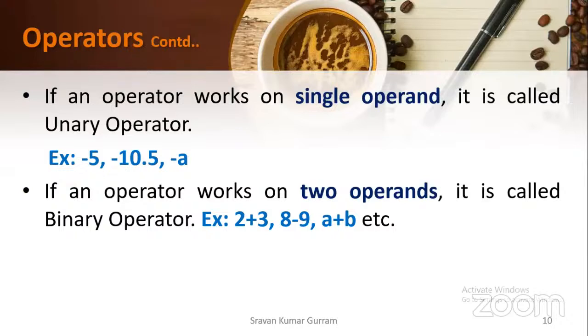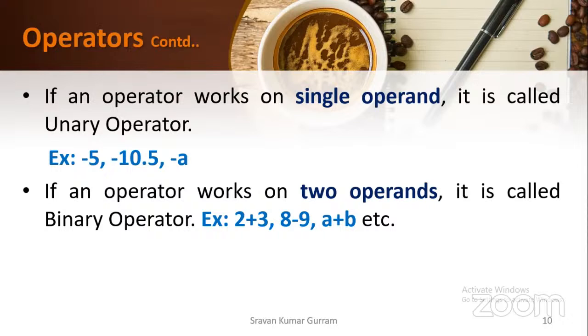No, it is not a valid expression. If you want to implement multiplication, at least you need to maintain two values. 2 into 3, yes, this is valid. 5 into 7, that is valid. At least two values you need to implement multiplication. So the multiplication operator is a binary operator which requires two values at least.